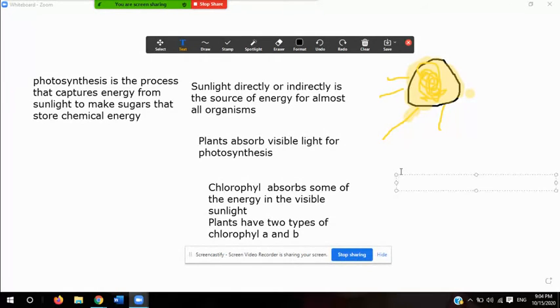So the two types of chlorophyll absorb red and blue wavelengths.